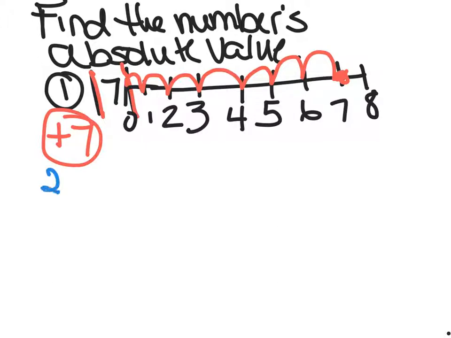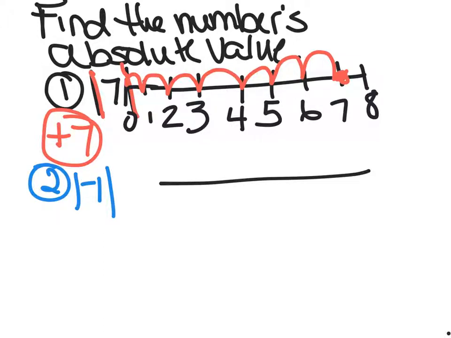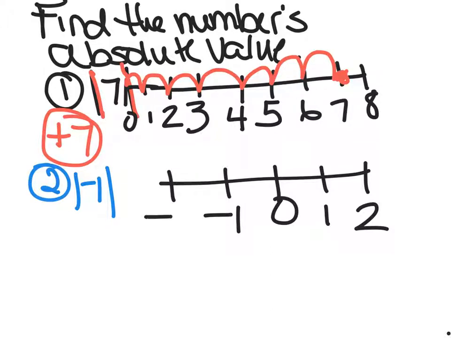Example number 2. Let's find the absolute value of negative 1. Now again, remember, we can draw a number line, and I can go 0, 1, 2, negative 1, negative 2.